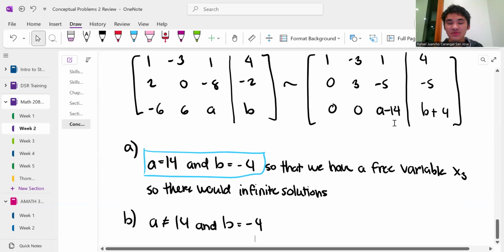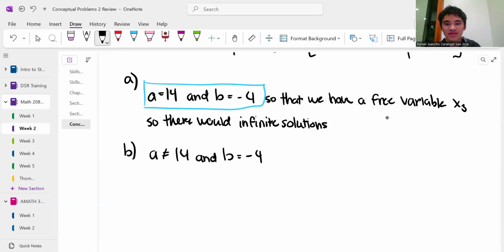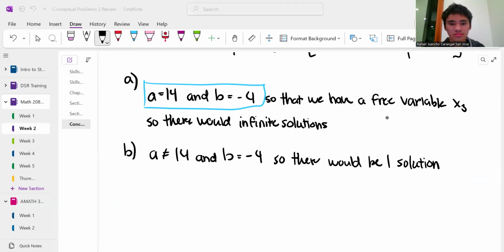Then we would definitely have a solution here, which might just be a 0, so there would be one solution. Honestly, A could be anything except 14, and then we would get a solution here in this case.